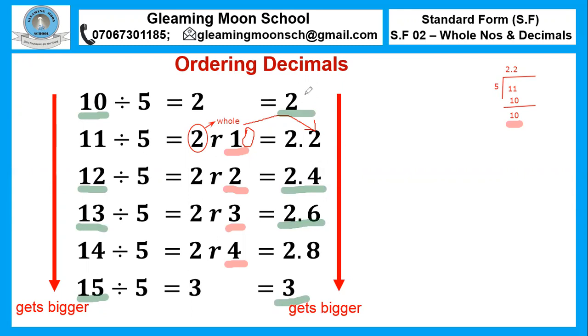So can you see how these decimals can be compared alongside our whole numbers, which we already know how to compare? Okay, so if we say 2.5 in comparison to 2.3, how would you compare that? You will find that 2.5 is bigger than 2.3, and 2.3 is smaller than 2.5.